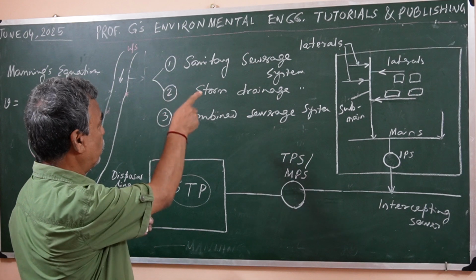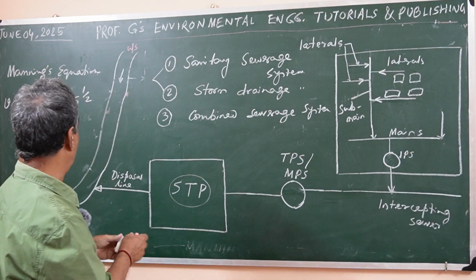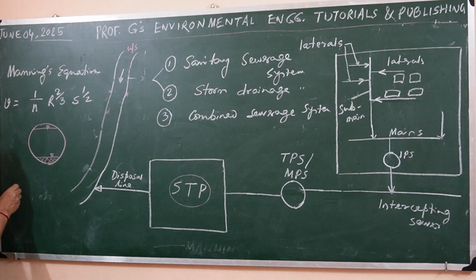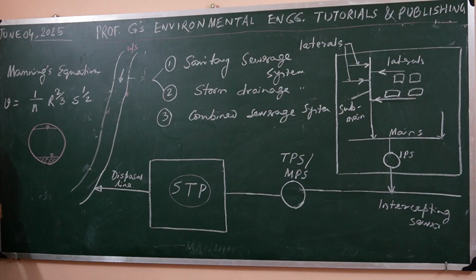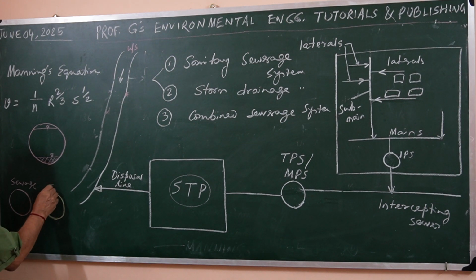In case of the separate sewerage system, this will be collected separately. That means in case of a separate system, one is the sewer line for carrying sewage, and another runs parallel to it, for the transmission of storm or rain water, right?